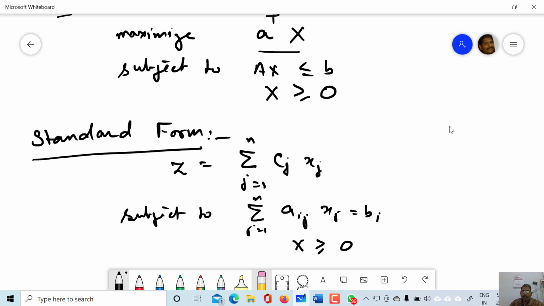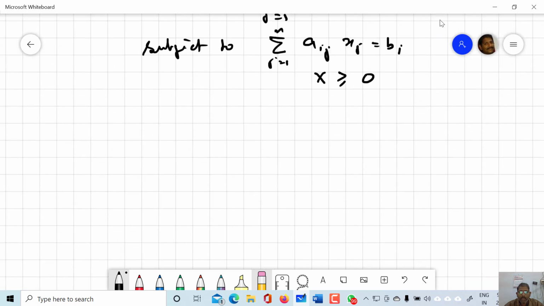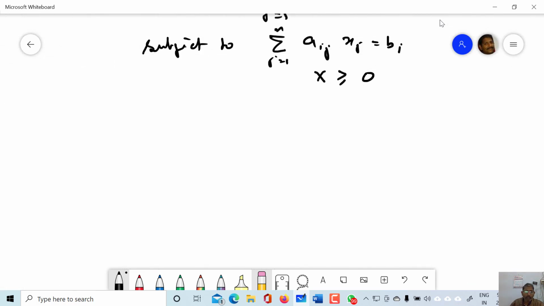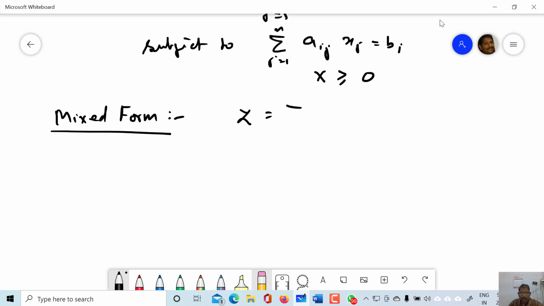So in the case of mixed form, that means third form, I am writing the same equation as मिक्स्ड फॉर्म. ठीक है, इसके नाम से ही क्लियर हो रहा है कि ये क्या बोलने जा रहा है. Suppose this is the linear equation c_j x_j. I have written the equation before also, so there is no need to explain.